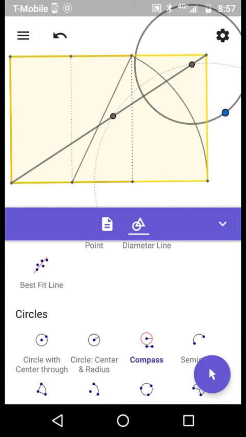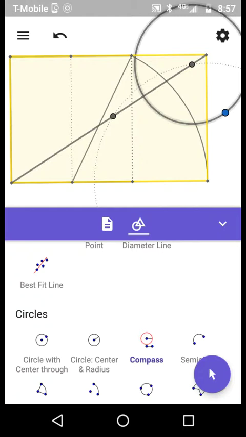There's a compass tool here, which allows you to measure distances and compare distances against others. A circle or radius is a good way of saying all points that are a certain distance from the point that I choose. Anyway, I'm going to use the compass tool.